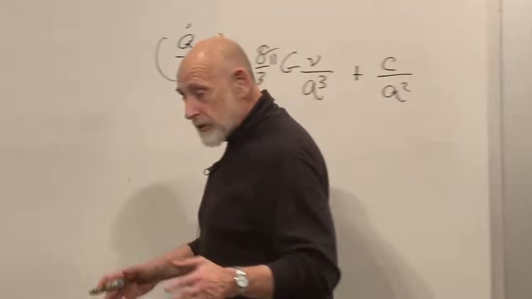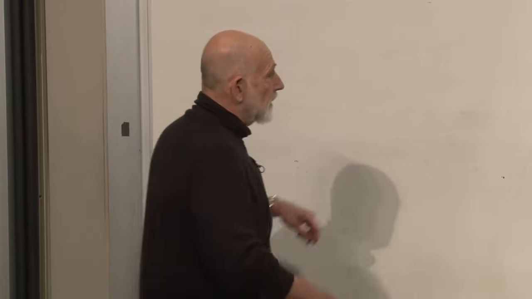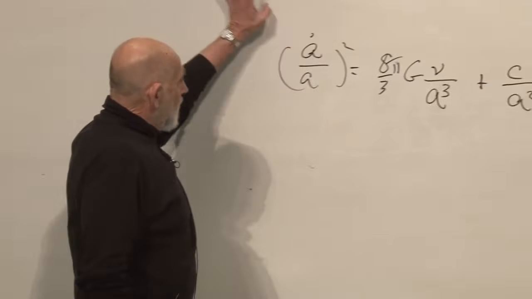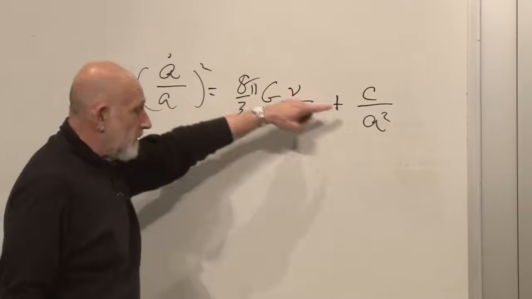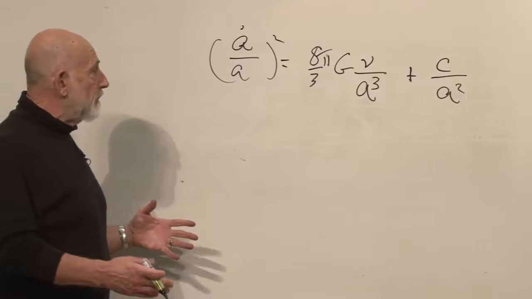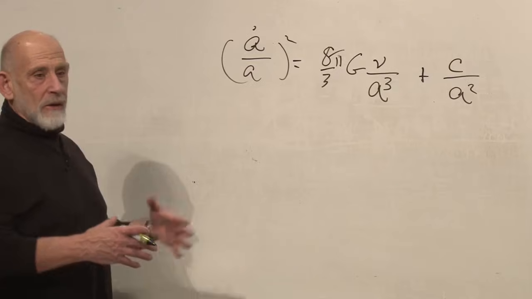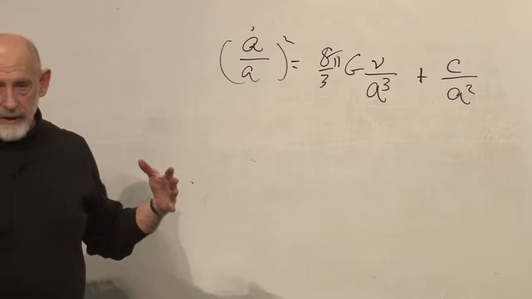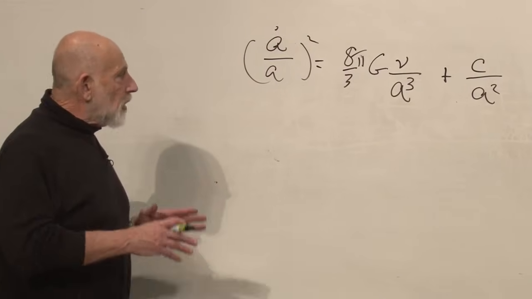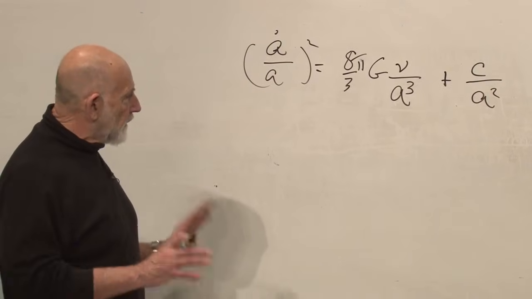It may slow down, but it won't contract. So if C is positive, the universe will continue to expand. It will eventually get arbitrarily big. By arbitrarily big, I mean that A will eventually exceed any bound and become very large. So let's look at it in the limit that A becomes very, very large.